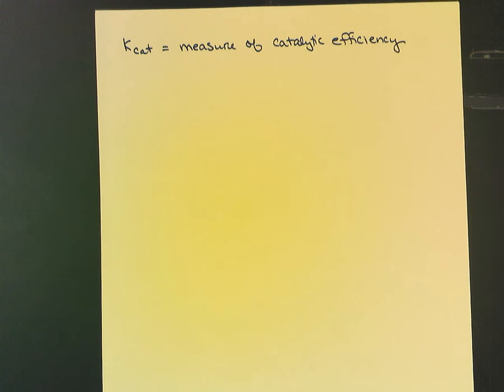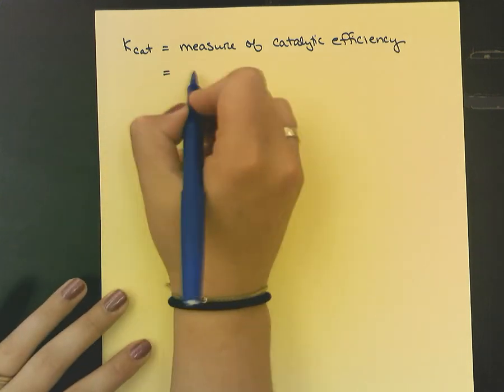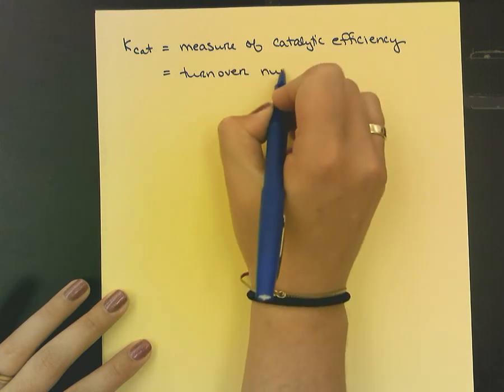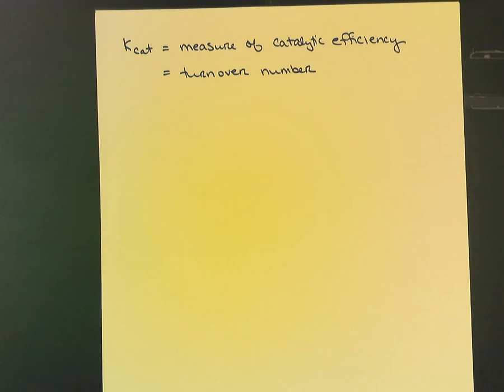Kcat is defined as a measure of catalytic efficiency. It is also called the turnover number. Is this part of what we just did, or is this coming in a whole new section? I would say it's similar, because the only way you get to Kcat is by knowing the Michaelis-Menten equation. Then I'll back up and do all the assumptions and the exceptions.